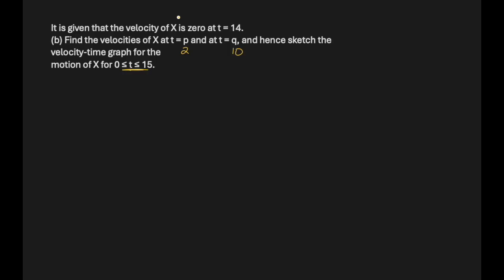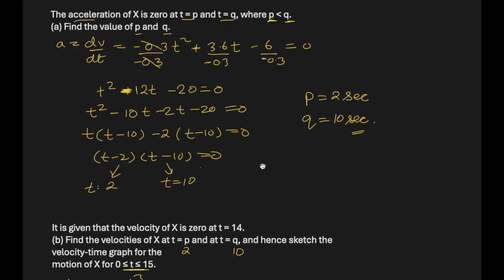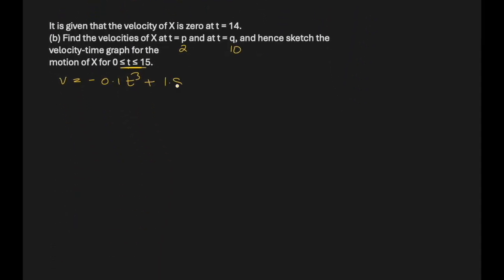Okay. So let's do what? Find the velocities. So we have the equation v equal to minus 0.1 t cube plus 1.8 t square minus 6t plus 5.6.